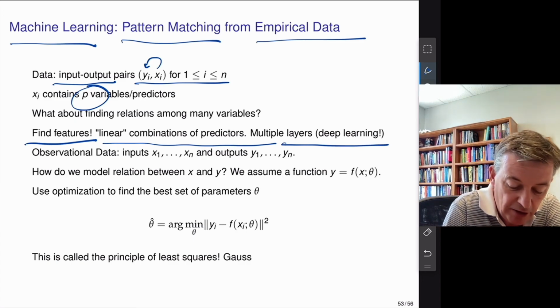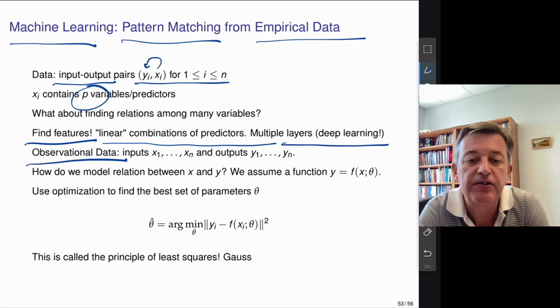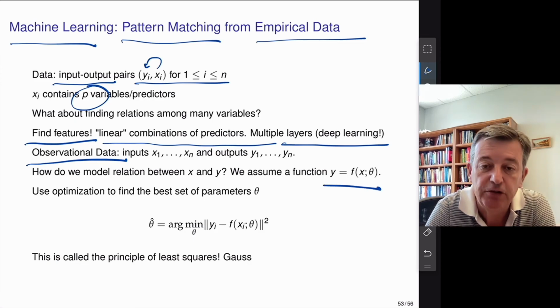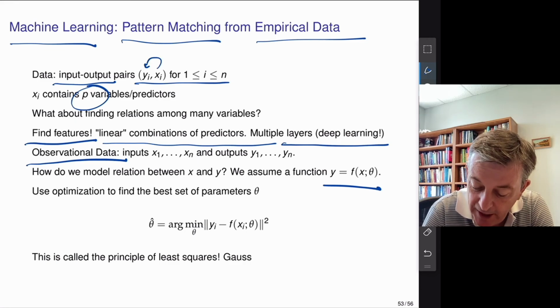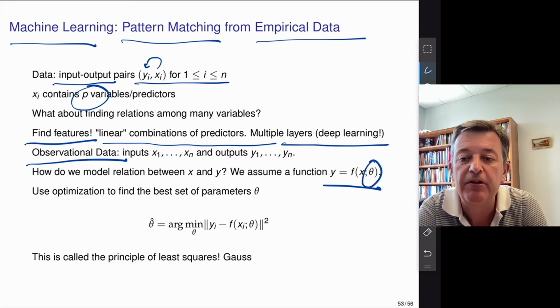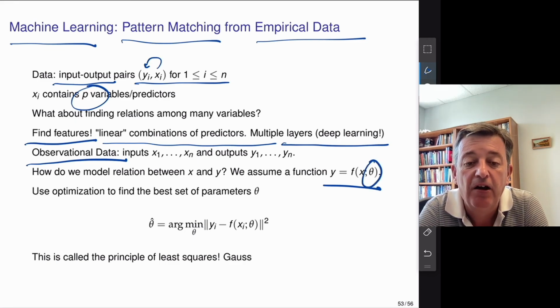So again, a lot of observational data sets exist. I have n inputs and n outputs, and I want to find some functional relationship of how does Y relate to X. And there'll typically be some set of parameters that I will tune or train on a training data set.